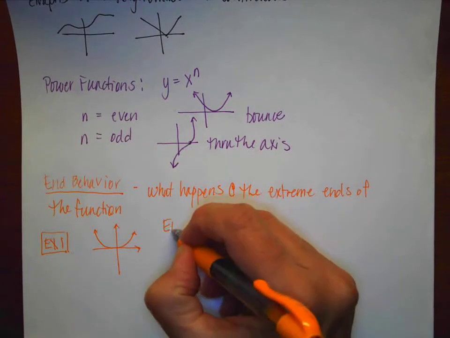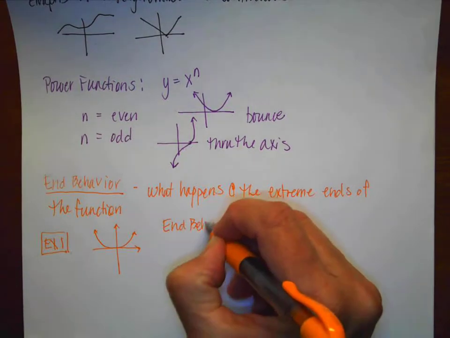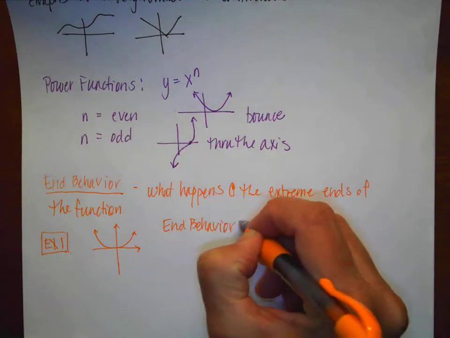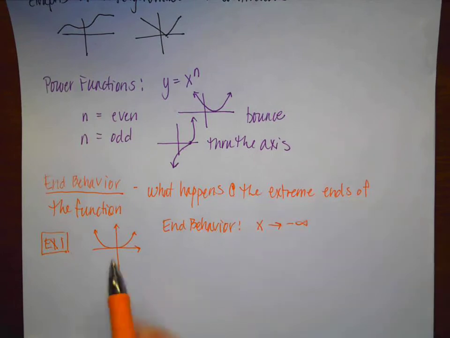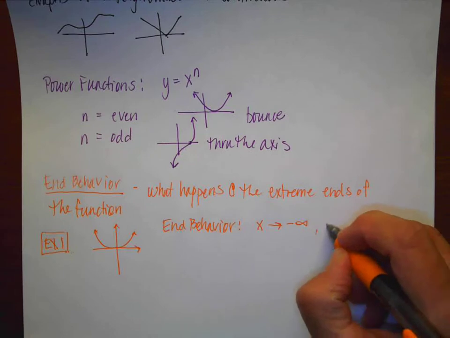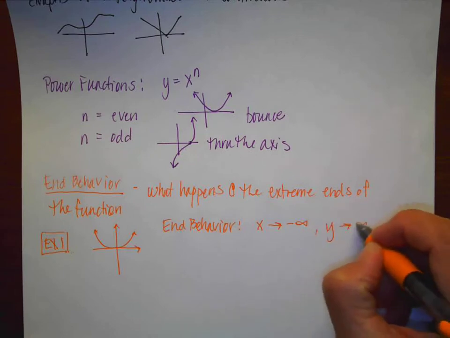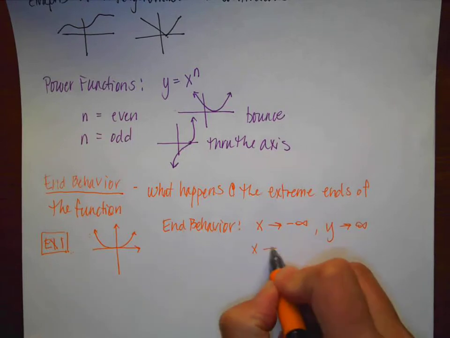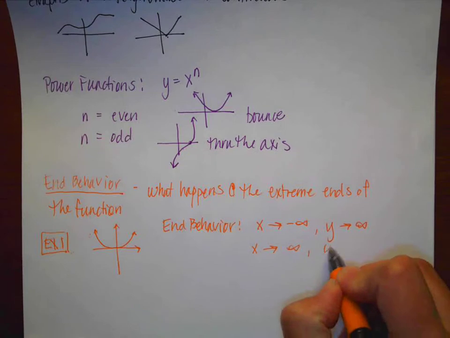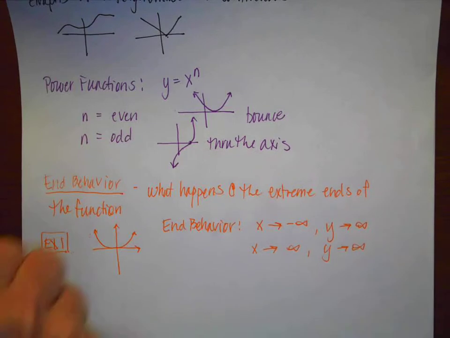So when we're talking about end behavior, the notation would be as x approaches negative infinity, so that is x goes to the left forever, then the y values are going to approach positive infinity. And that means that the y values are just going to go up forever. And as x approaches positive infinity, the y values are also going to go up.